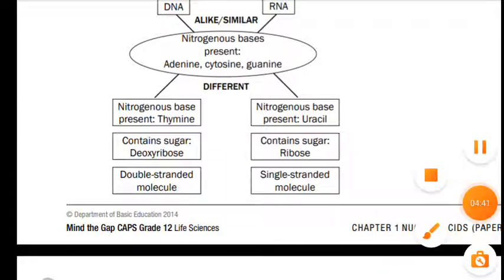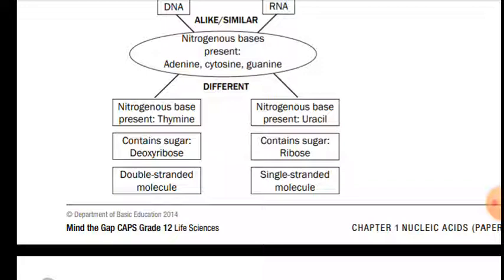If we're looking at the structure of the DNA, we'll find that it is a double helix structure, or you can say it's a double-stranded structure. On the RNA, it is a single structure.